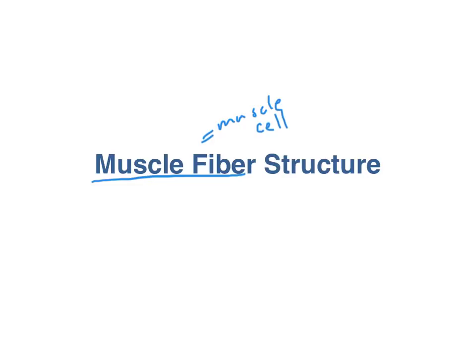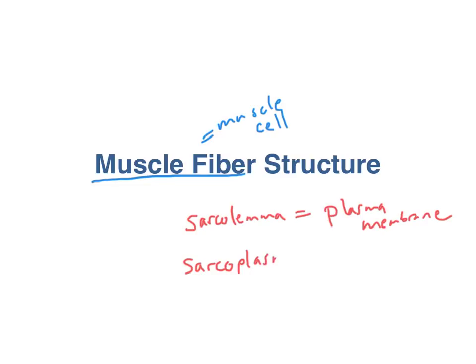So, you'll encounter the term sarcolemma. Sarcolemma is basically the plasma membrane of a muscle fiber. You'll also encounter the term sarcoplasm, the cytoplasm of a muscle fiber.